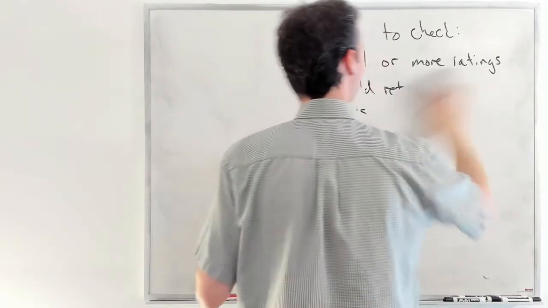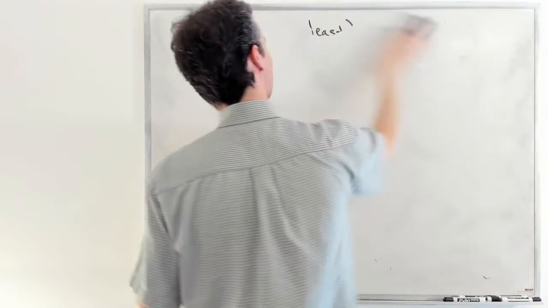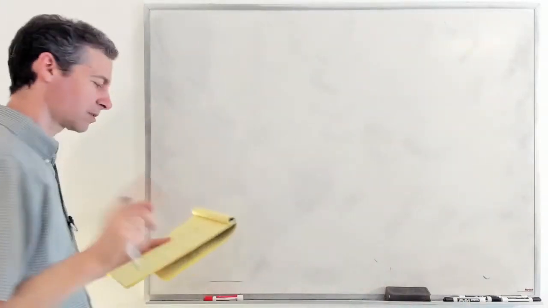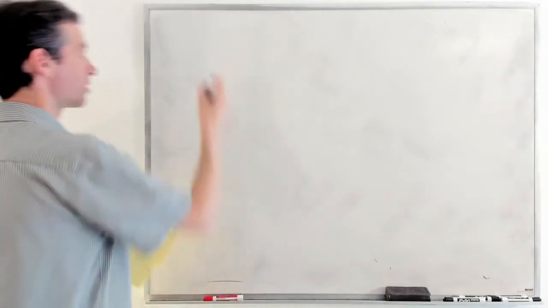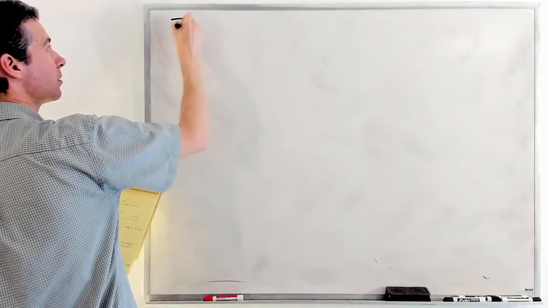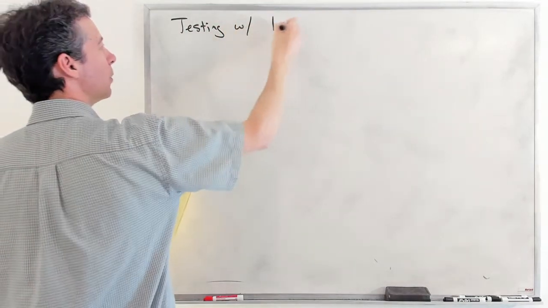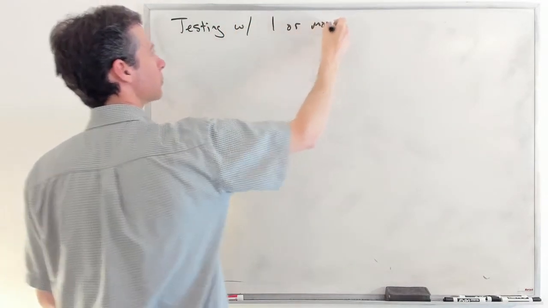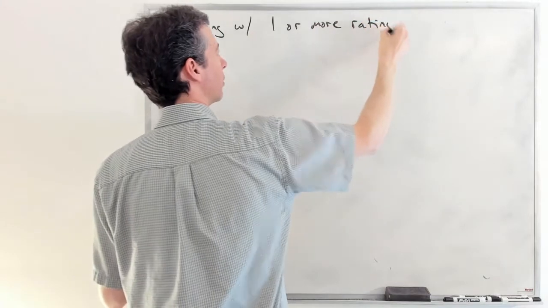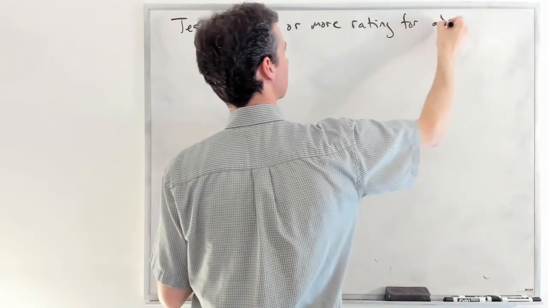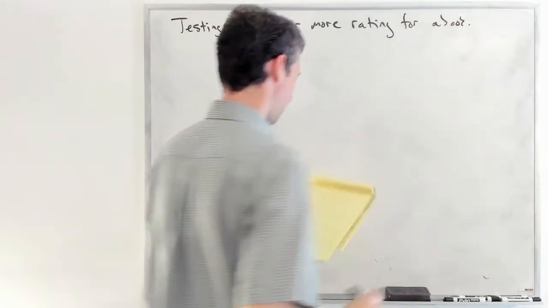So how are we going to test this first one, the one where we have 1 or more ratings? What should we do for that? So I want to think about this. So testing with 1 or more ratings for a book. All right.